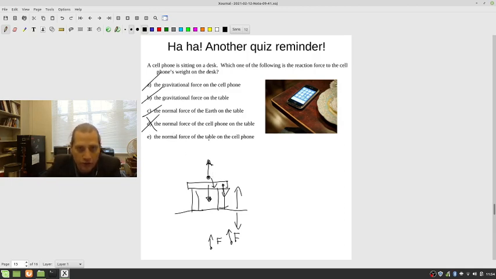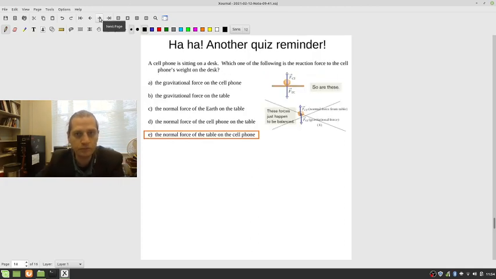And the normal force of the table on the cell phone, that gets a check mark, because the cell phone is pushing down on the table, and the table is pushing up on the cell phone. There we go. All right, so that's similar to the cantaloupe problem that we had a couple slides back.